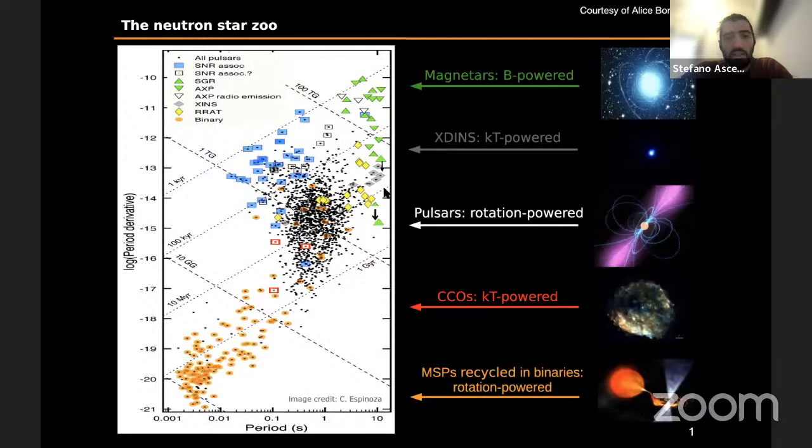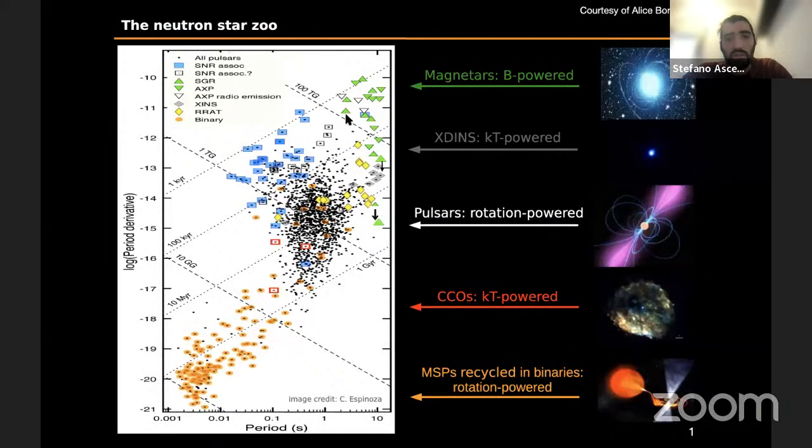And here I show you these different classes of neutron stars in the so-called P-Pdot diagram. This is a diagram which is very important for neutron star astrophysics. In the x-axis, we have the period, the rotational period of the star. In the y-axis, we have the period derivative. And as you can see, different classes of neutron stars cluster in this diagram in different regions.